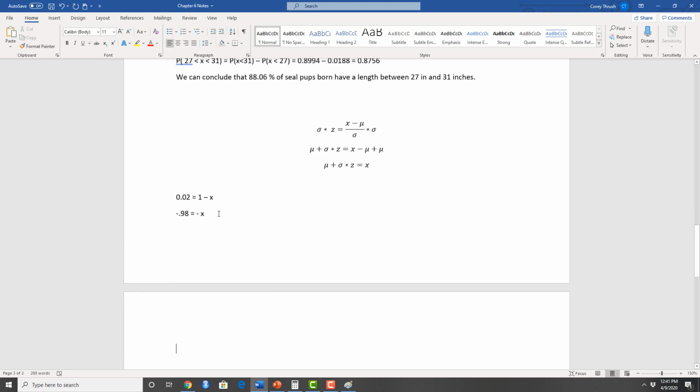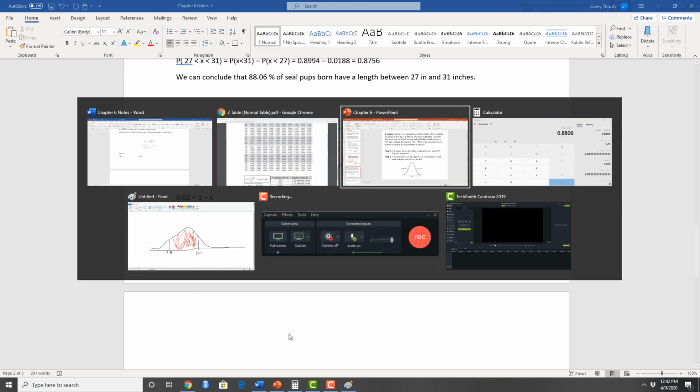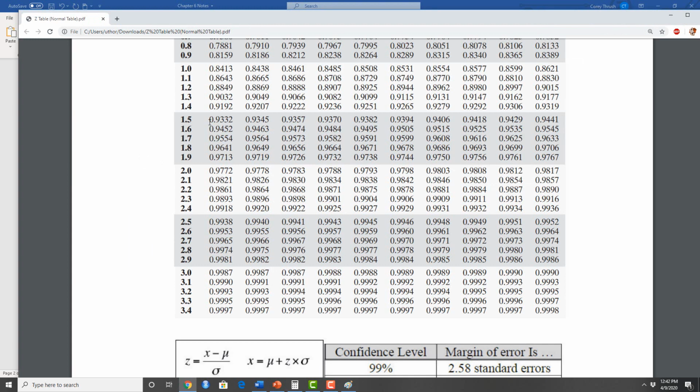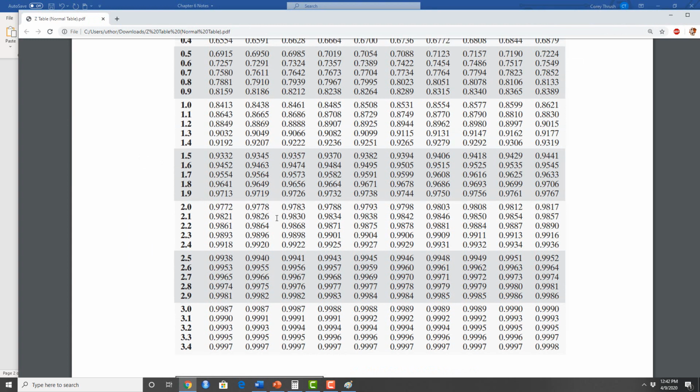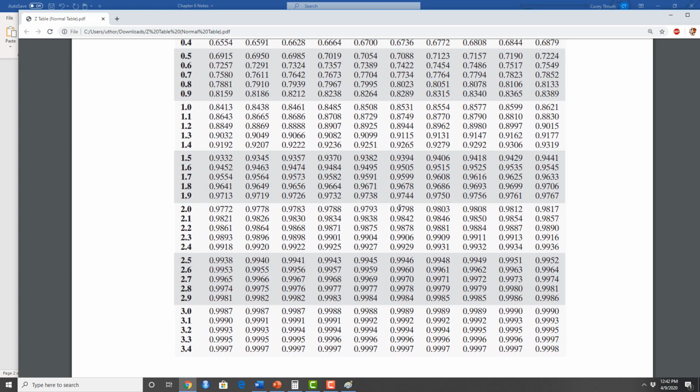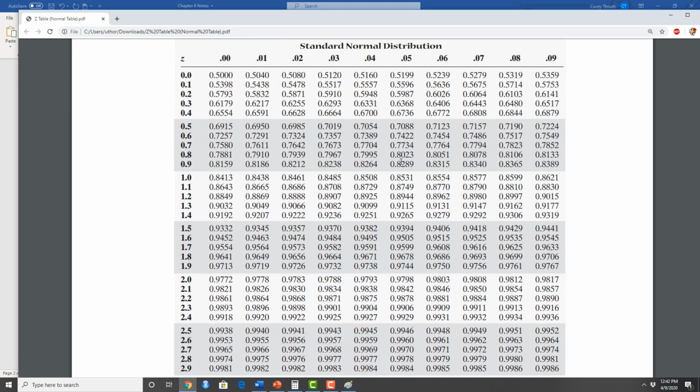Divide both sides by negative 1, and you get x equals 0.98. So we need to search for that value in the z-score table. 0.98, it's the closest to this one. This one's only off by 0.0002, while this one's off by 0.003. What's that z-score? It's 2.05.